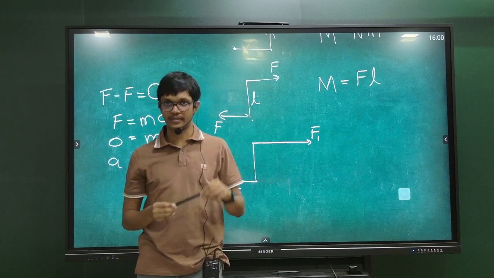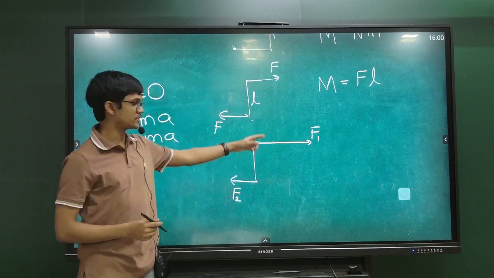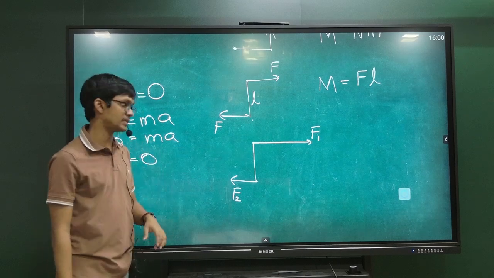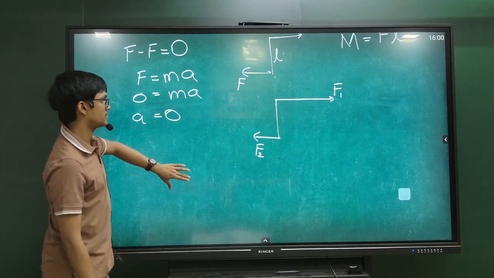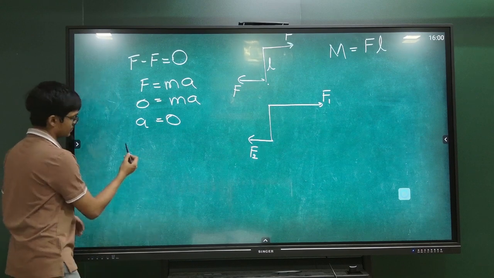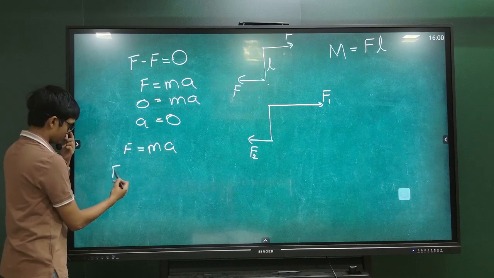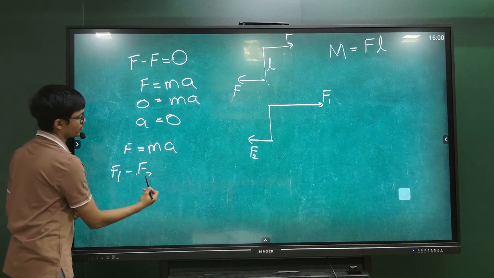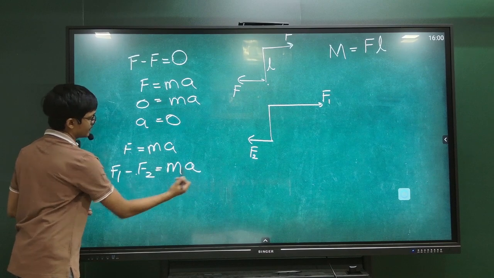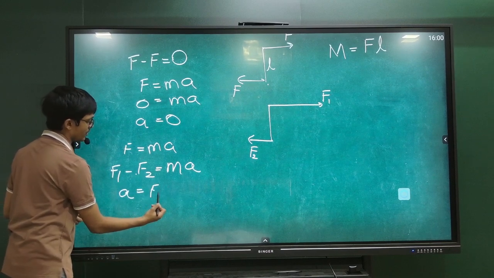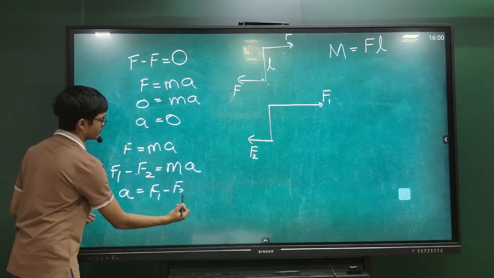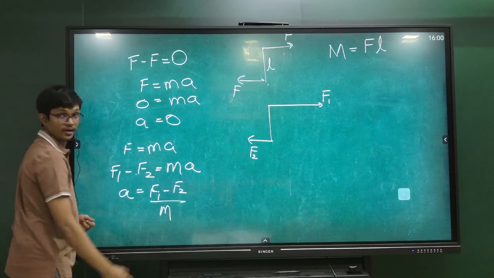It will just rotate. But if there's a difference between these two forces, now you apply F equals ma. F1 minus F2 equals ma. So acceleration is F1 minus F2 over m.